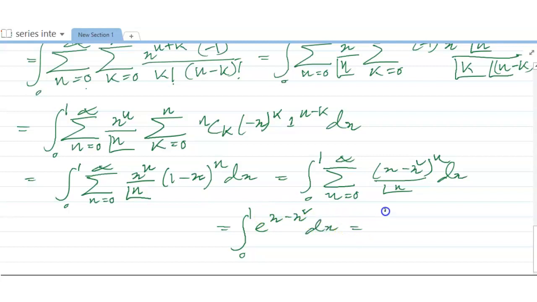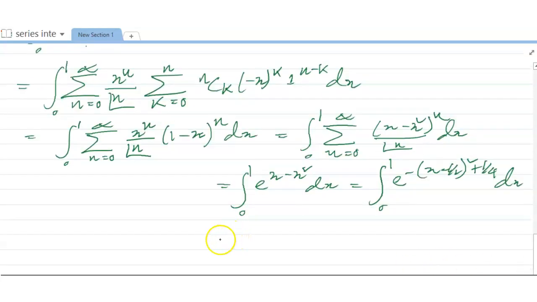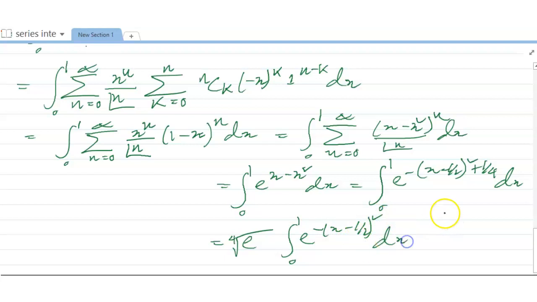It can be written this way: the integral from 0 to 1 of e to the power minus (x minus half) whole square plus 1 by 4 dx, and after that it is e to the power 1 by 4 into the integral from 0 to 1 of e to the power minus (x minus half) whole square dx.